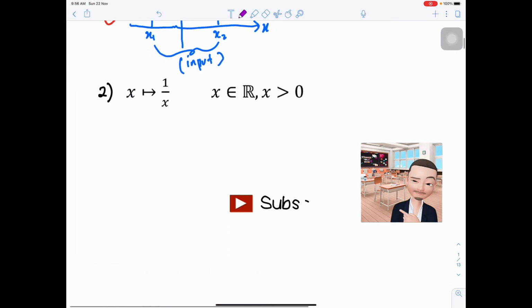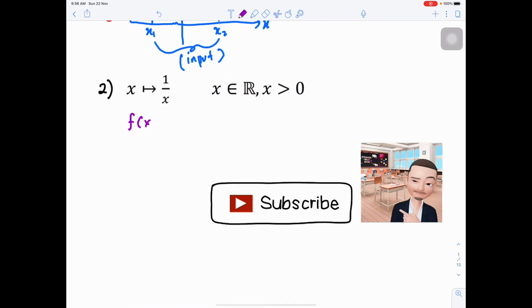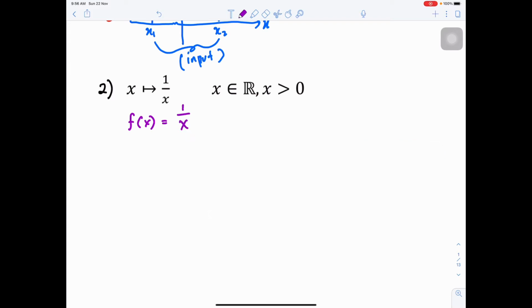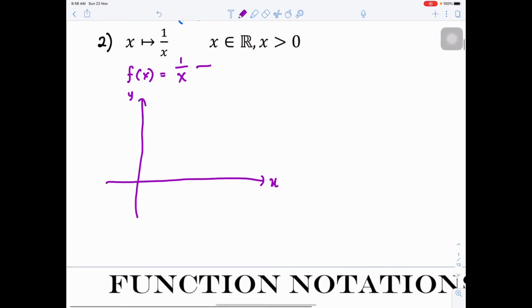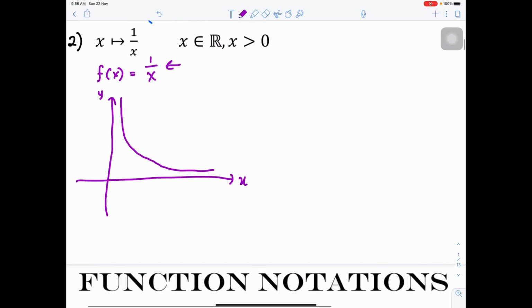And the second one, let's say f(x) maps to 1 over x. What we do is sketch the graph, and the type of graph is like this. Let's say this is one input x, and it maps to y, the output. Another input, let's say this is x2, with the output y2.